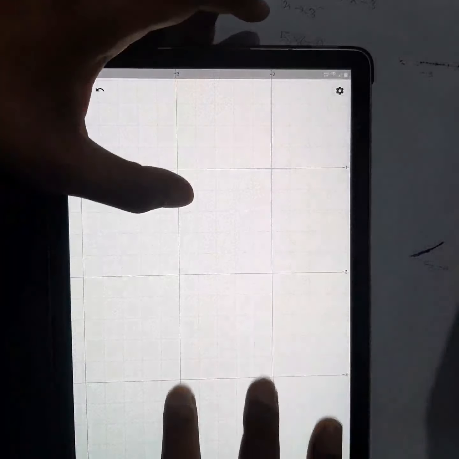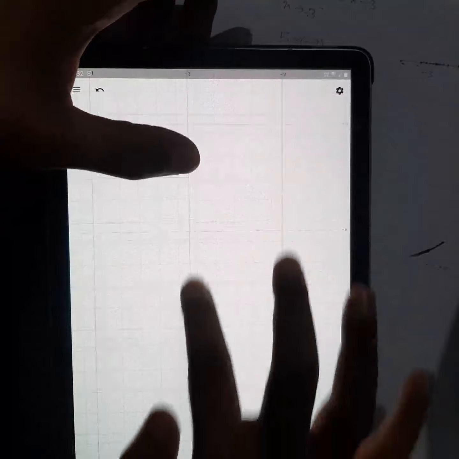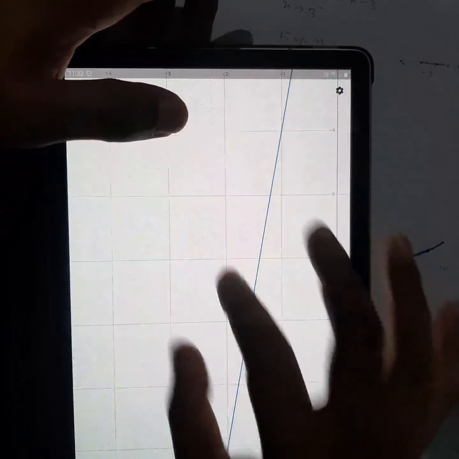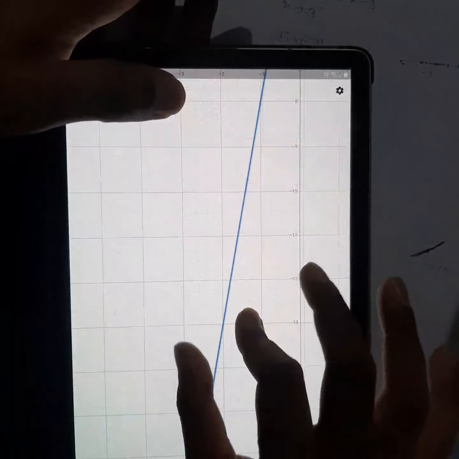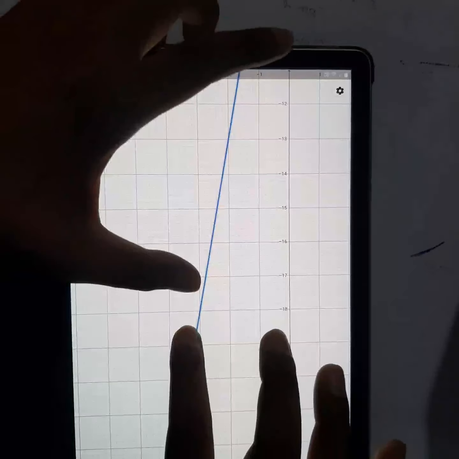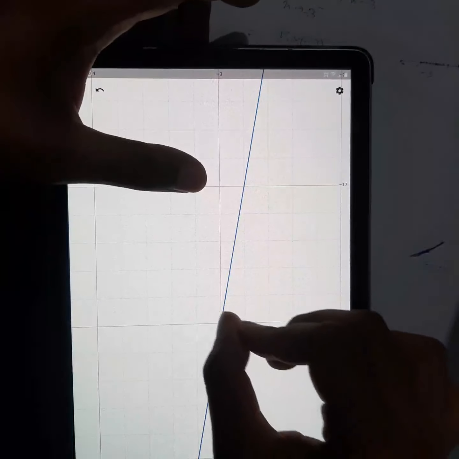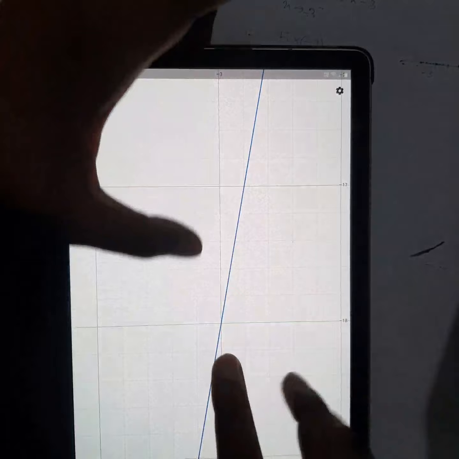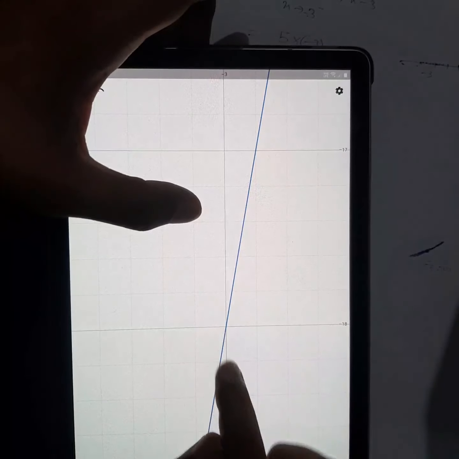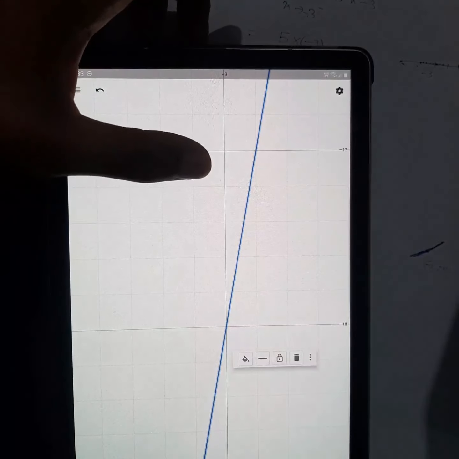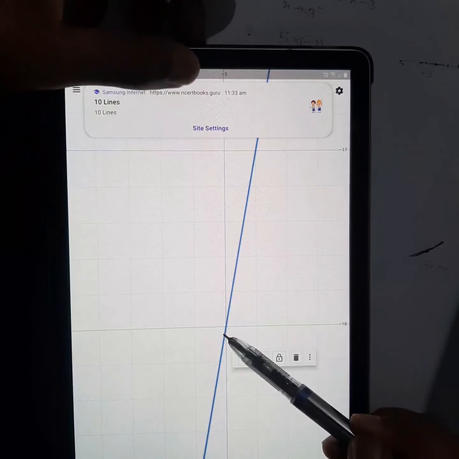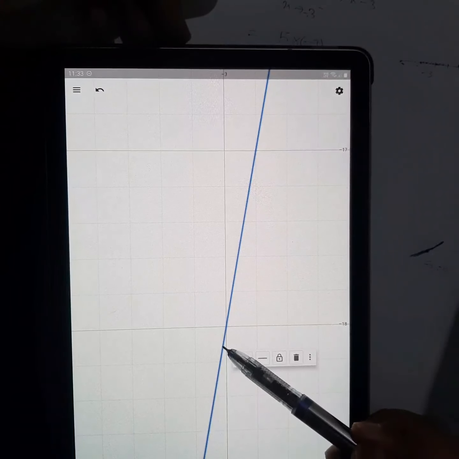whatever points are here, what kind of f(x) will you get? You just see here. If you come down here, this is the near point. This is the minus 3 line, right? This portion. So f(x) will be this one. Can you see this point? This point will be the f(x) value.